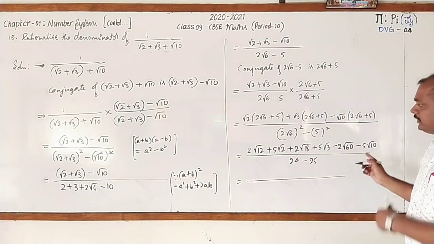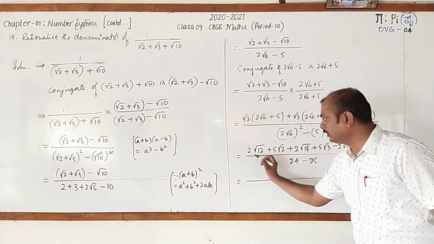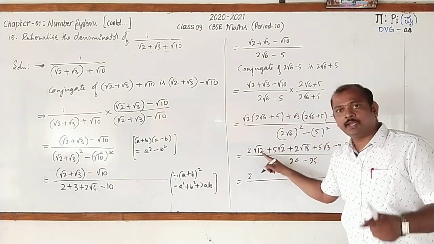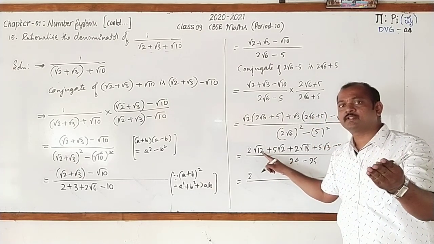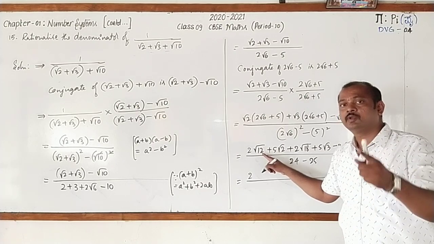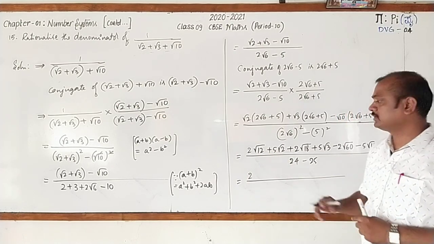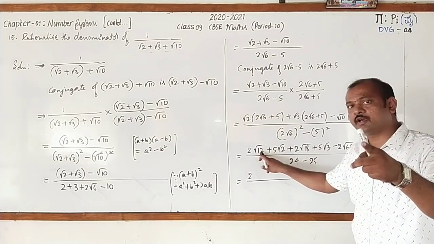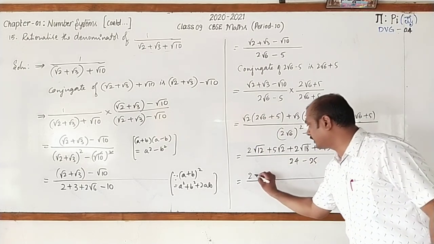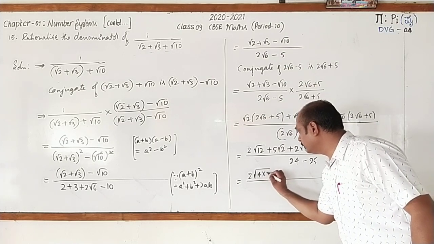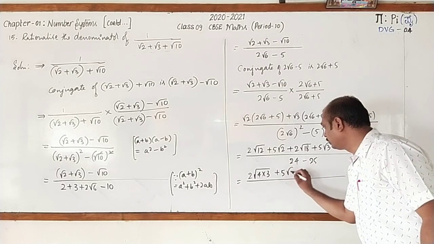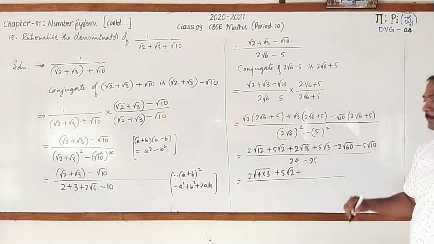Observe every term. In the numerator, 2 root 12 is there. 12 can be expressed as the product of factors, and in that one should be a perfect square. See, 12 is written as 4 3s are, right? 4 is a perfect square. I'll write 4 into root 3, plus 5 into root 2 as it is, because it cannot be split up.